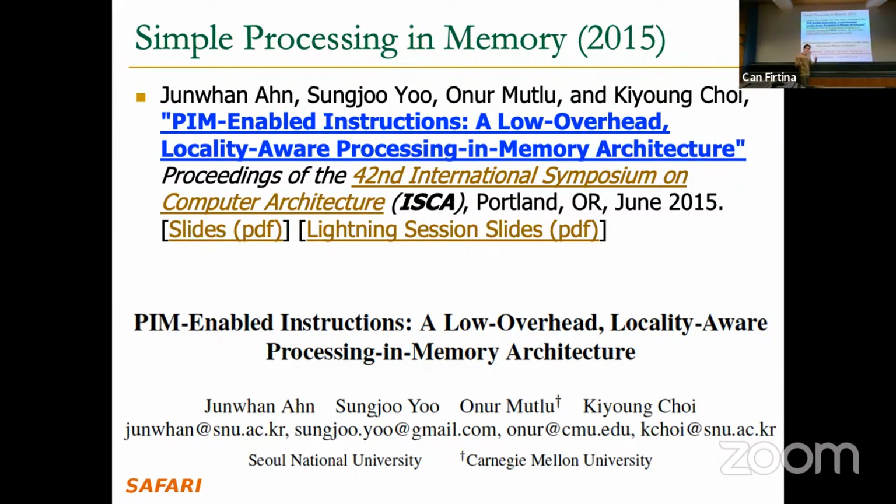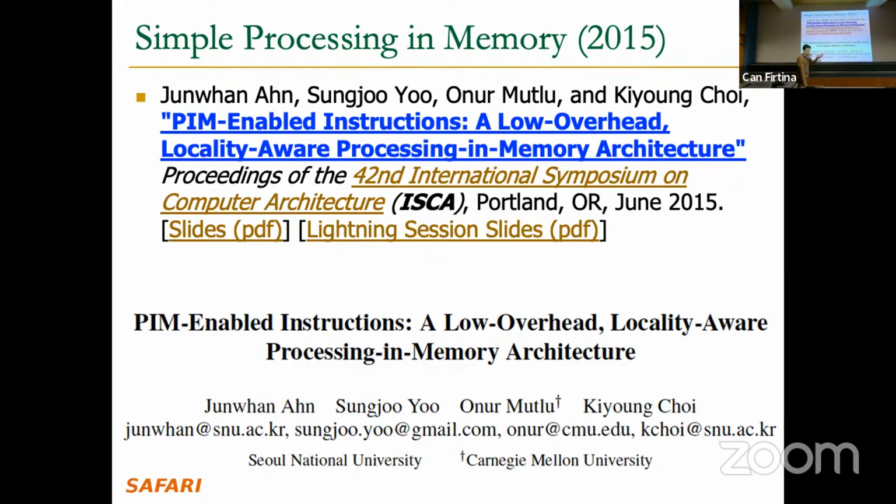This way it can be, in some sense, more general purpose, because it can be good for different domains as well. Not completely general purpose, because you can only execute a few instructions there, but it can be useful for many different applications. And if you think about the SK Hynix and Samsung proposals, where they place an array of multipliers and then a reduction tree or something similar, it's in some sense a type of PIM-enabled instruction, right?